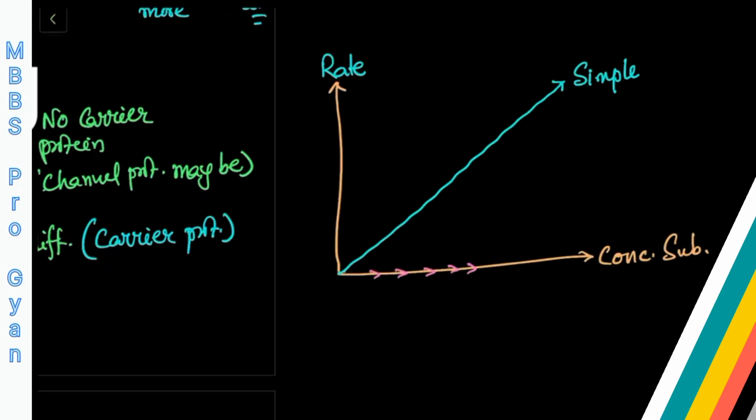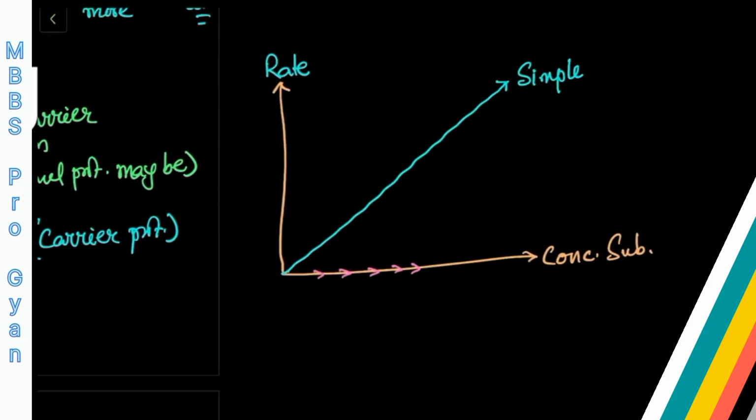But in case of facilitated diffusion, a carrier protein is required. That's why there will be saturation, and you will find a curve like this. Initially, the more the concentration of the substance, the more the increase in the rate of transport. But after a certain point, there will be a plateau of this curve. This plateau is due to saturation, and this is typical of facilitated diffusion.